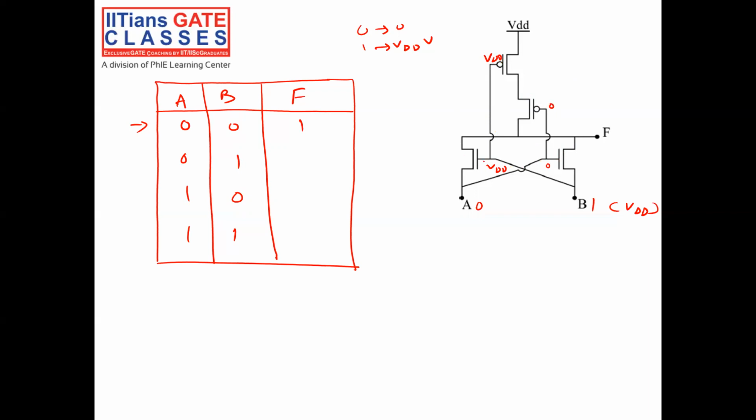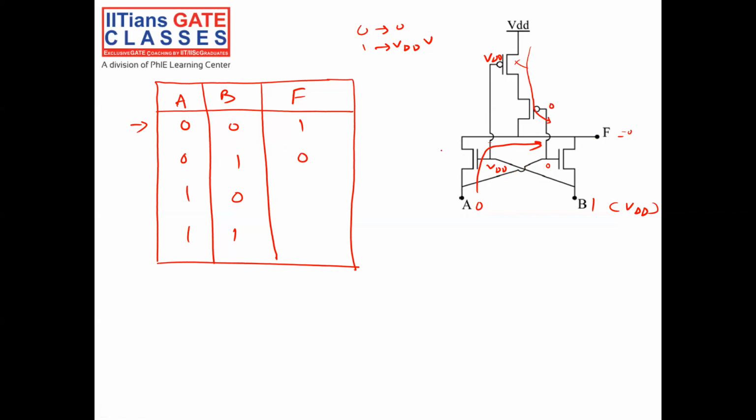I am applying VDD to the other NMOS, so it will be on. When it is on, it will be like a short circuit approximately. So 0 will come here, and the output will be 0. Here the PMOS will be off: VDD and VDD means VSG is 0, so it will be off, and no current will flow through it. The current will flow only through this path. In this case, F is equal to 0.